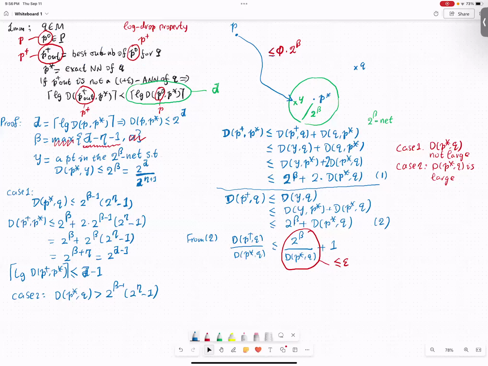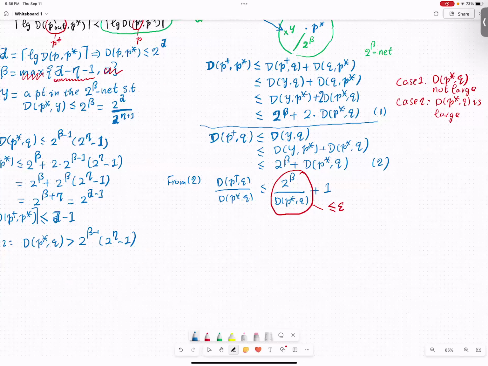Now let's look at this term, 2 to the beta divided by d(p*, q). We already know that d(p*, q) is quite large, so this is strictly less than 2 to the power of beta over 2 to the power of beta minus 1, and then 2 to the eta minus 1. This gives us 2 over 2 to the power of eta, and the whole thing minus 1.